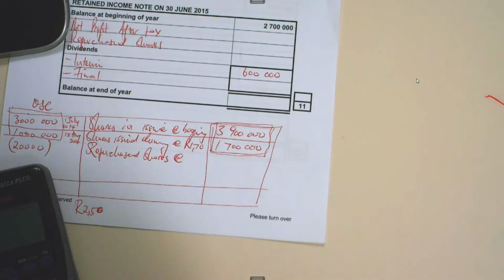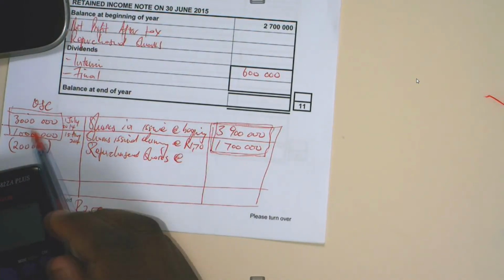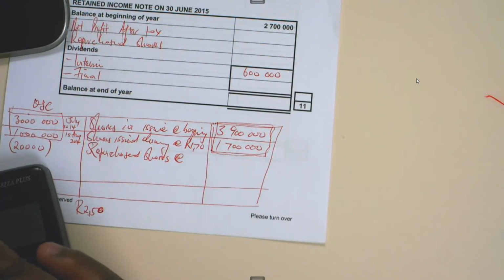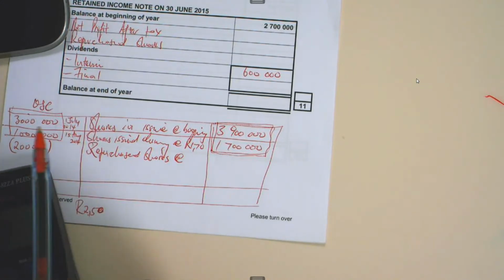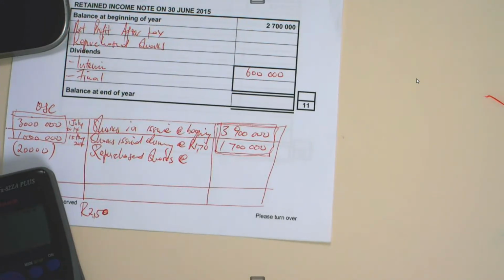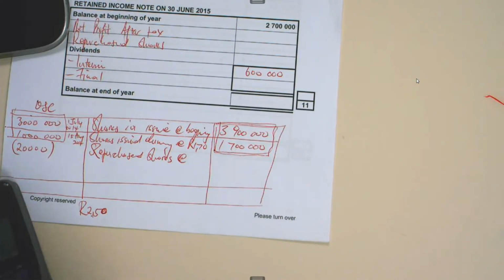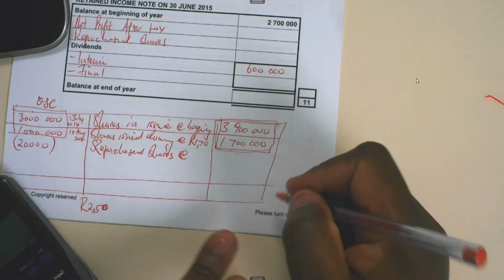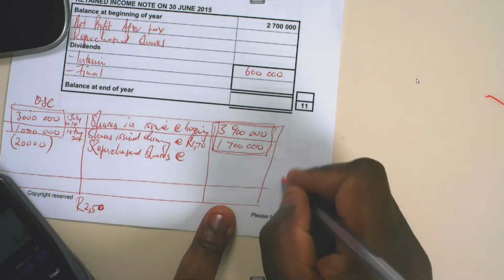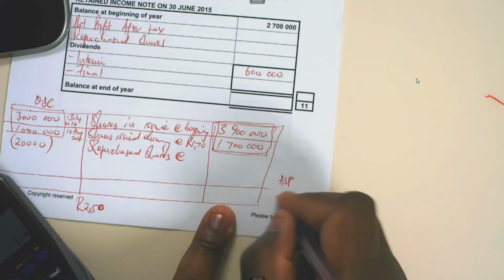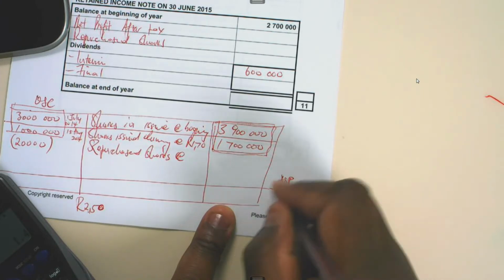Then you divide by the total number of shares prior to the repurchase, which is 4 million, right? It will give you R1.40, right? Now this average share price, this is how we got to it.